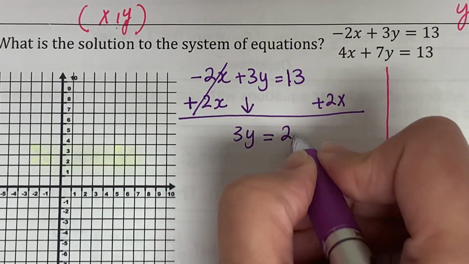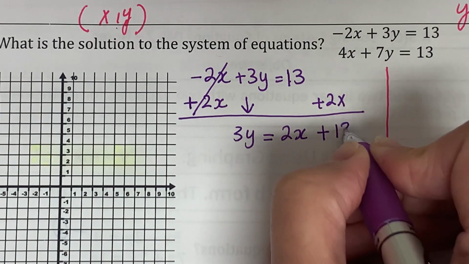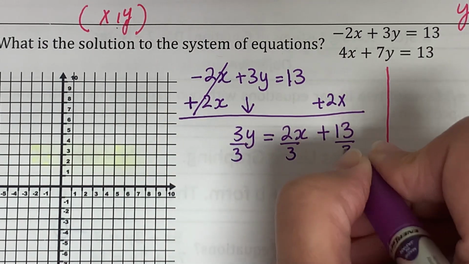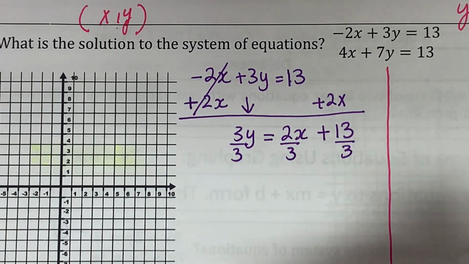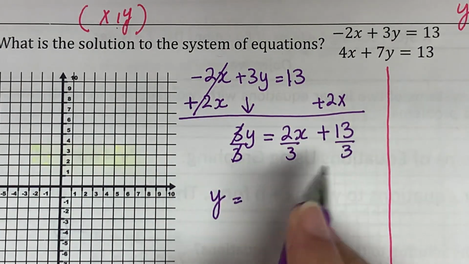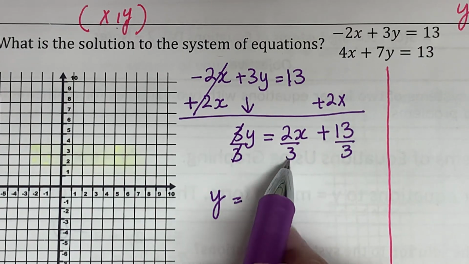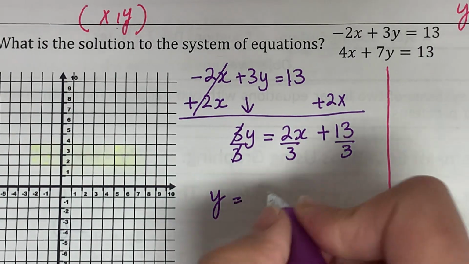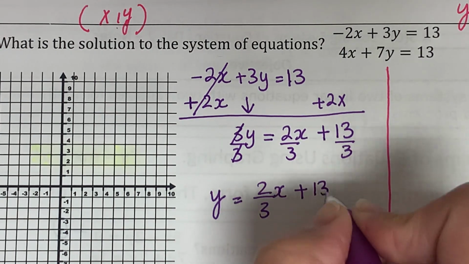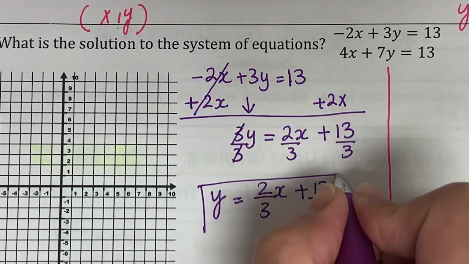And then 2x plus 13. You're not done yet. Divide by 3. 3 divided by 3 is a 1, so you're left with y equals. This is a repeating decimal when you divide by 3, so you're not going to convert it to a decimal. Just leave it as a fraction, and you will enter that fraction in the calculator.